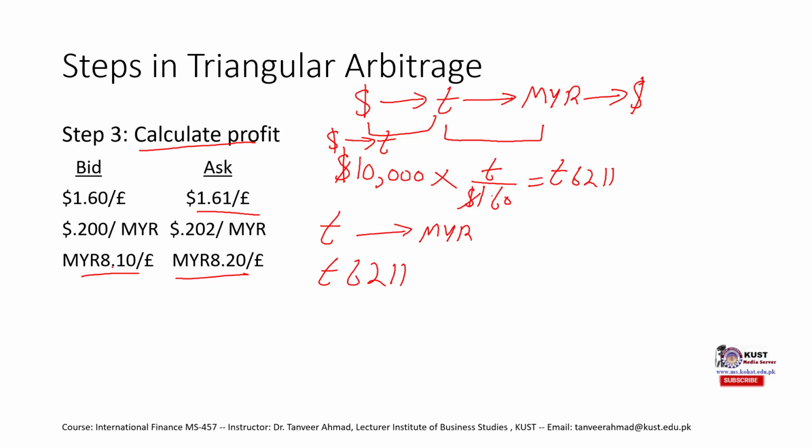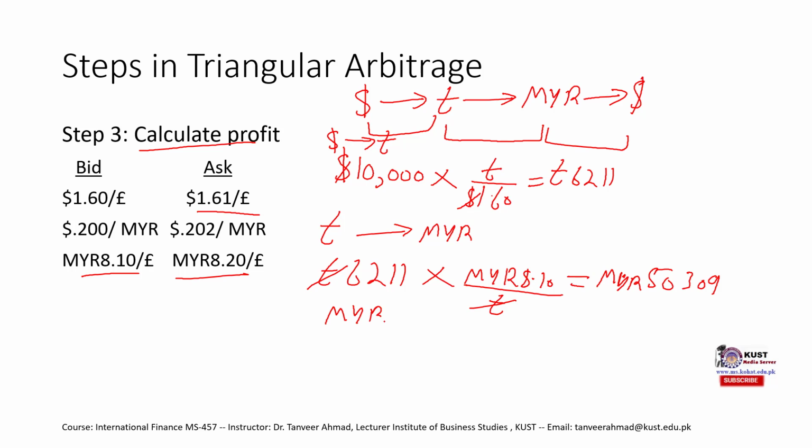So we are going to use this exchange rate. It would become MYR 8.1 per pound. So pounds would be cut off, and we would have MYR 50,309.